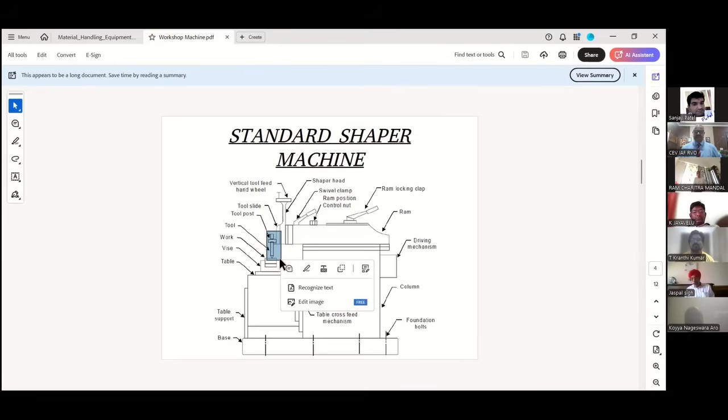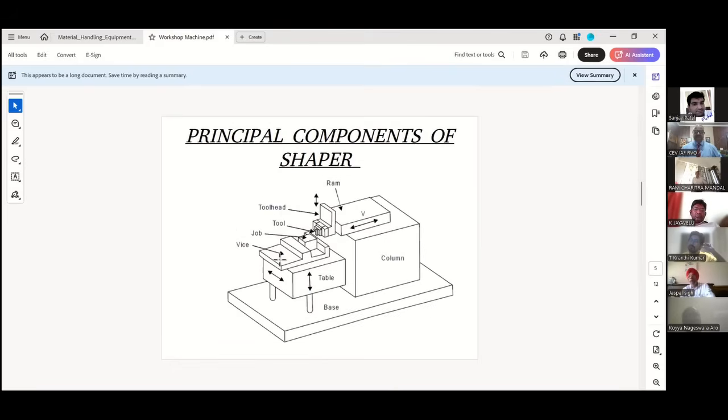It works only on the surface area of the job. Okay, shapers are not used for drilling or turning. If you want to make a slanting cut, then it can be done by the shaper. The same shaper: horizontal shaper and vertical shaper.